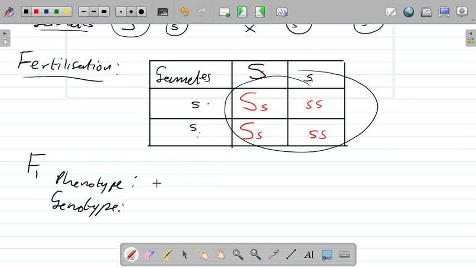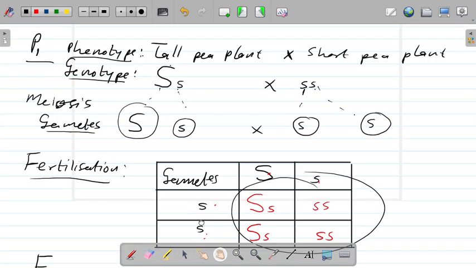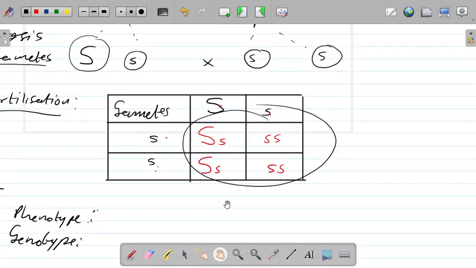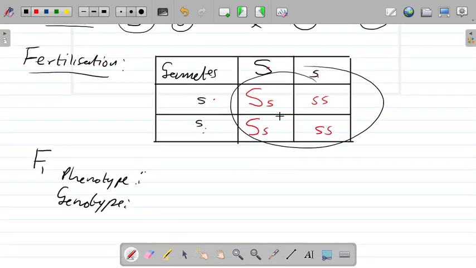For the phenotype, remember, the big S represents a tall pea plant, and the short pea plant is represented by small s. So let's count them. 1, because it has this one. 2, because of this capital letter S. That's the only place we see capital letter S. So 2 out of 4.